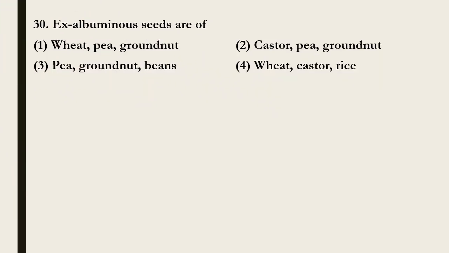Question number 30. Exalbuminous seeds are of options 1 wheat, pea, groundnut, 2 castor, pea, groundnut, 3 pea, groundnut, beans, 4 wheat, castor, rice.